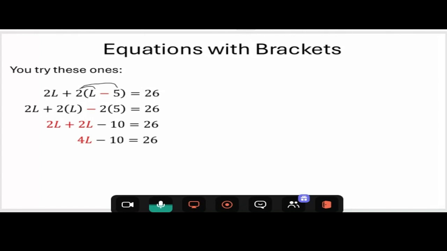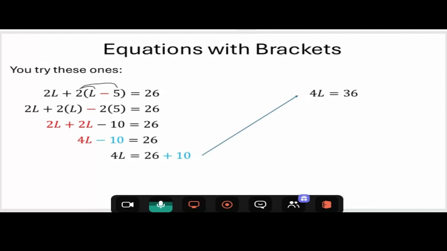And now we have taken this complicated looking equation with a bracket and we have turned it into our classic two-step equation. We have a constant term to get rid of first, and then we will do some dividing to get our variable by itself. So the subtracted 10 on the left becomes an added 10 on the right, as we are hopefully getting very used to now. What is 26 plus 10?